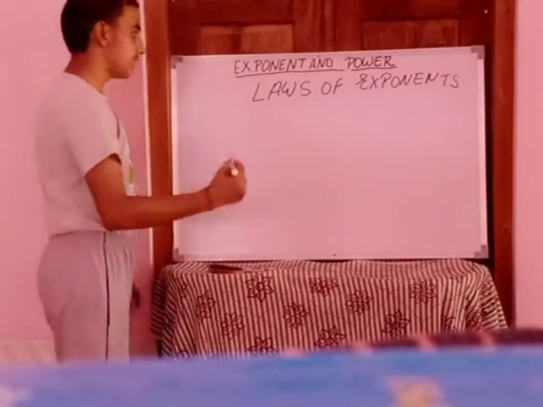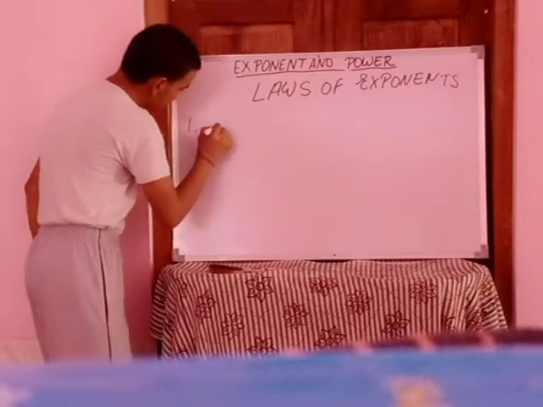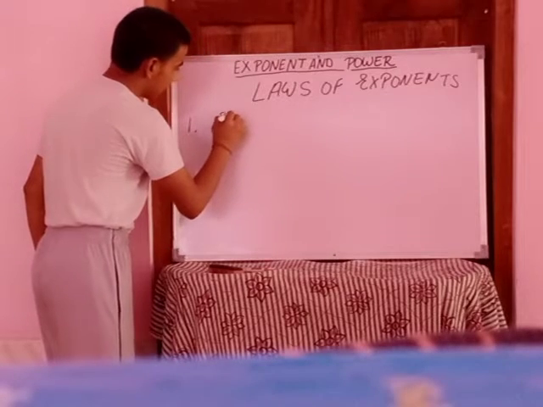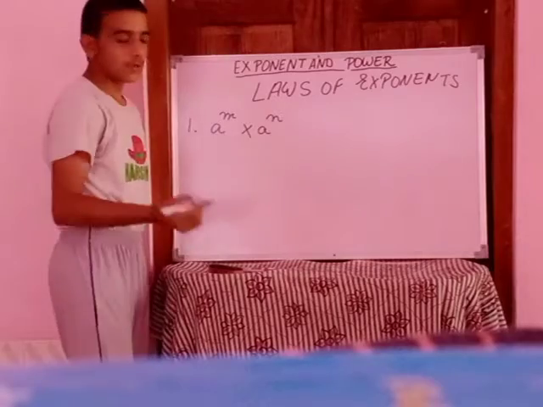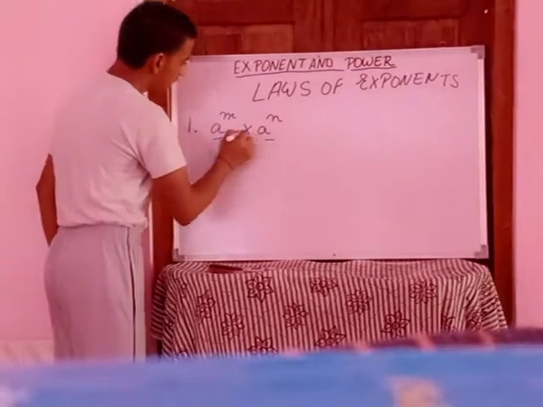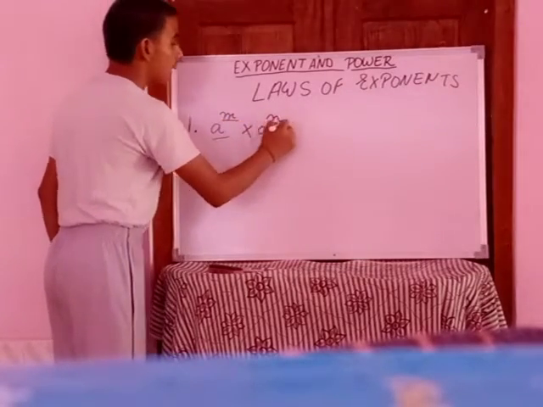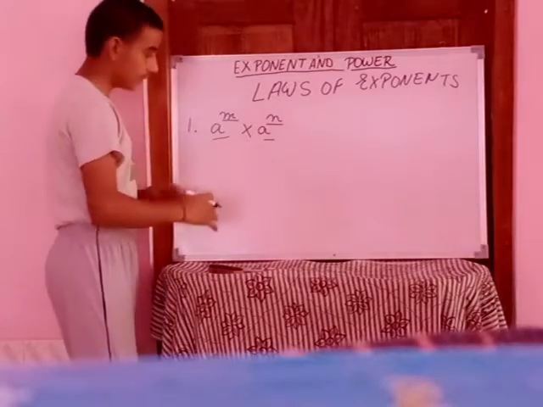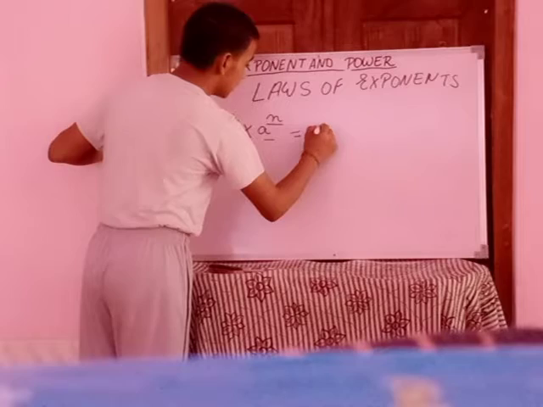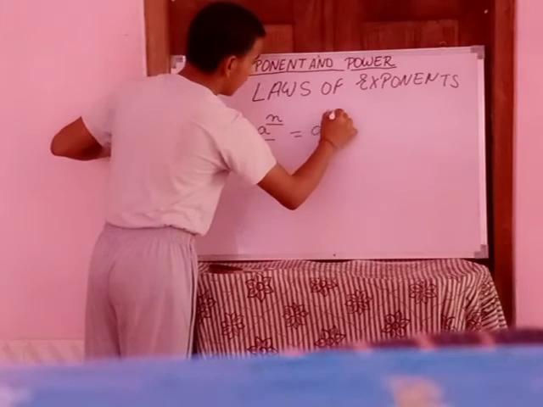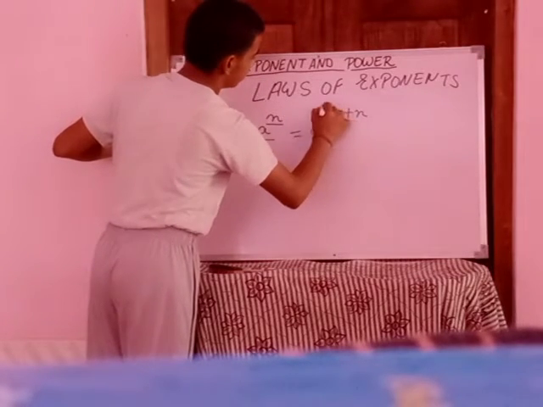Our first law is, a raised to the power m into a raised to the power n, means when our base is the same and our index or power is different, then we represent it as a raised to the power m plus n.